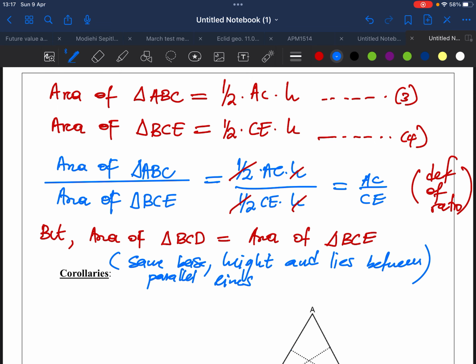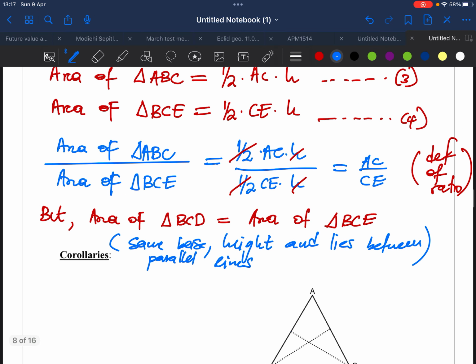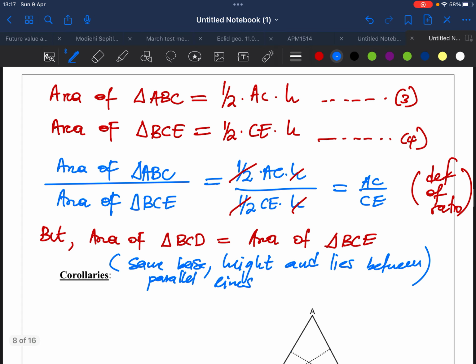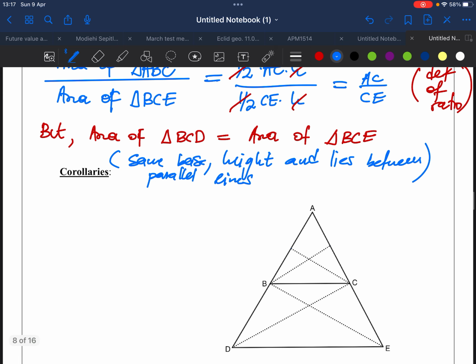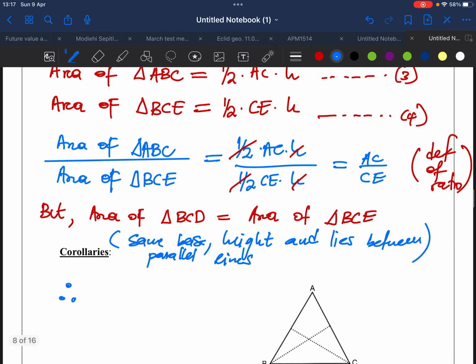So that's where the helper definition comes in. That means we have a right to equate these two.